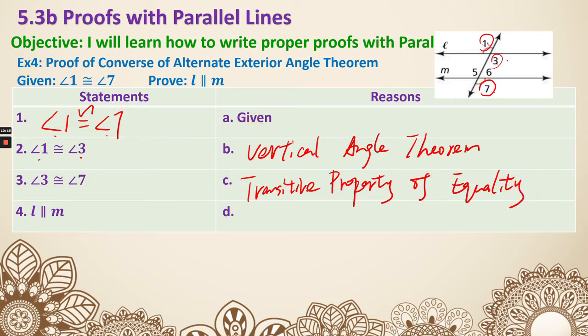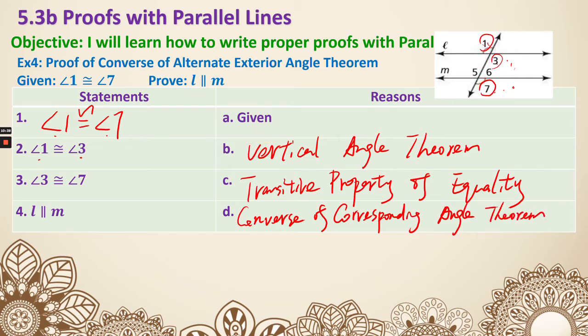Because angle 3 and angle 7 are equal to each other, that gives us L is parallel with M, that is the converse of the corresponding angle theorem. Because 3 and 7 are corresponding angles, we can conclude they're parallel. So that's the two-column proof.